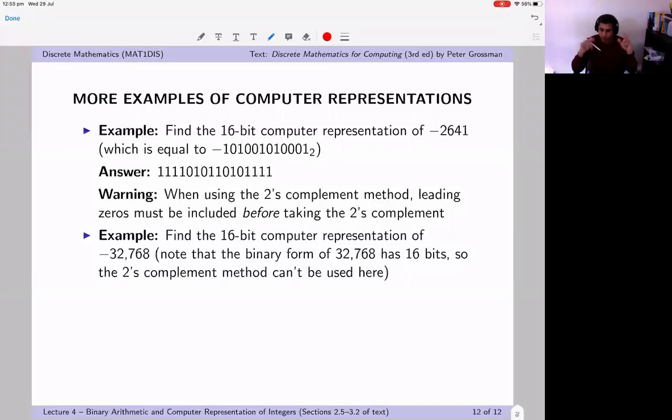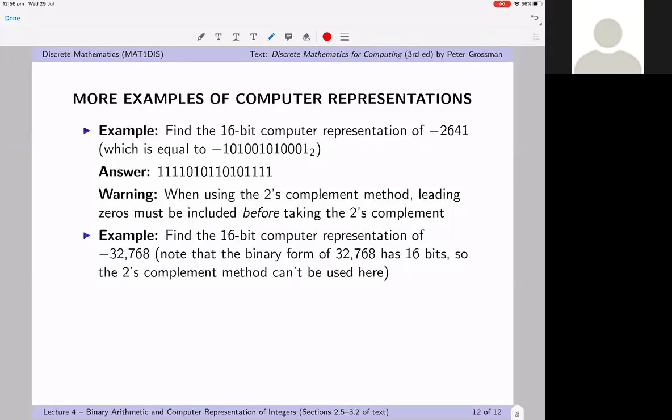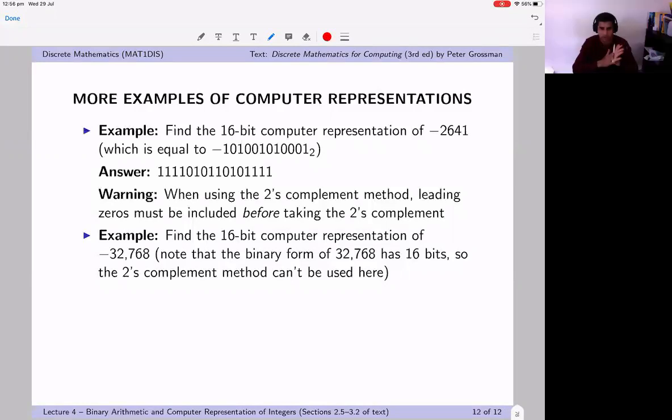What do you think would be the representation of this number? Anyone? 0, I guess. Yeah, 0, 0, 0, 0, 0, but it's how we would show that it's a negative 32,768.